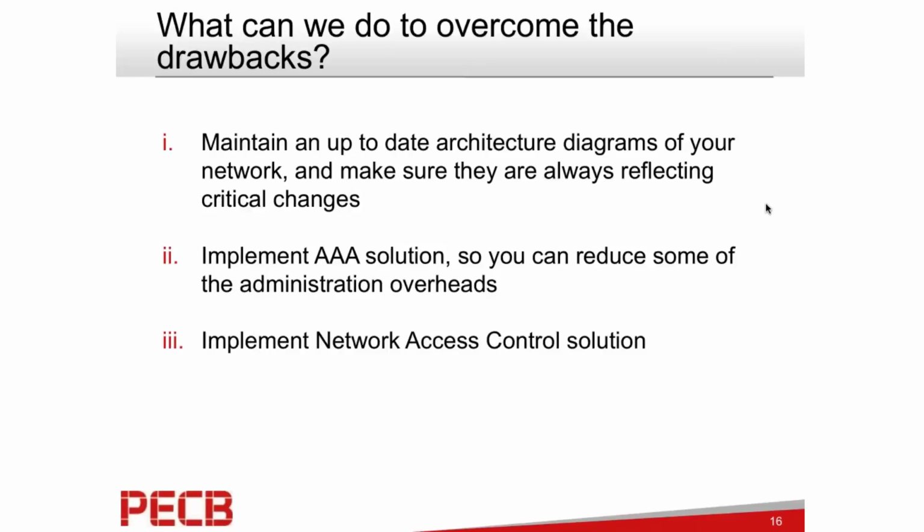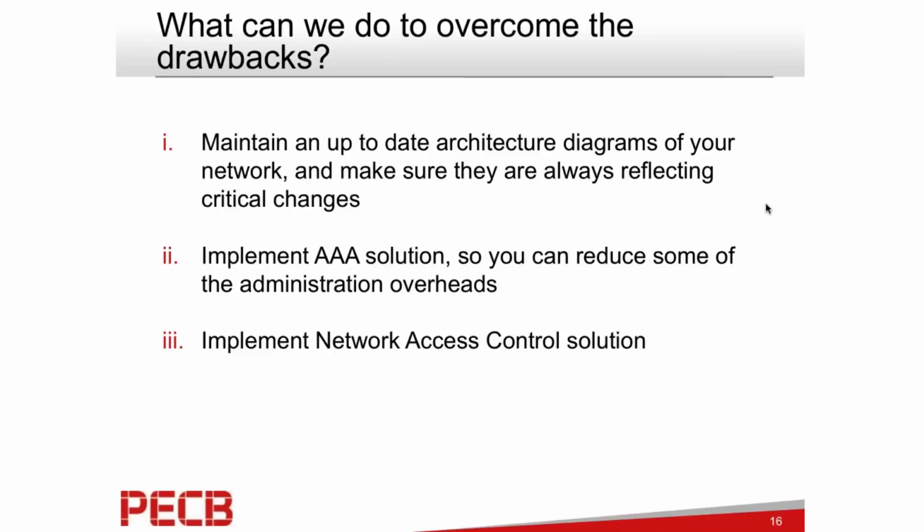Most of the time you are losing a lot of time due to an unauthorized change, or it is an authorized change, but it did not reflect in the actual diagrams or in the actual configuration management. Change management was not properly followed. That will lead to a lot of problems. So the first thing you need to consider is always maintaining an up-to-date architecture diagram for your network, and always reflect any changes you make in it.